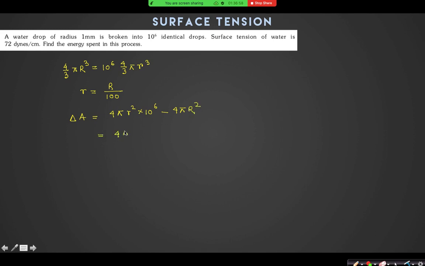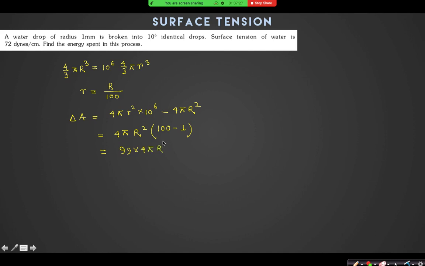So that is 4 pi capital R square by 10 power 4, so it is 100 minus 1. So it is 99 into 4 pi R square.